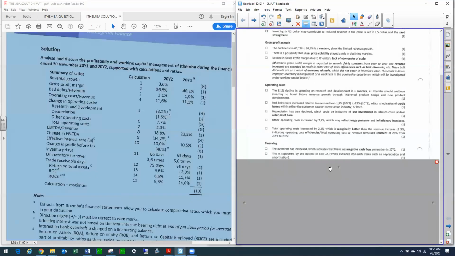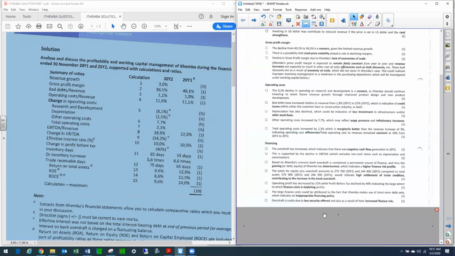Now, guys, I'm just going to open up the discussion there. Okay, more finance risk. The large finance costs could be attributed to the fact that Ithemba makes use of short-term debt, which indicates inappropriate financing policies. Operating profits decreased by 22%, whilst profit before tax by 40%. Finance cost is depleting its profits.